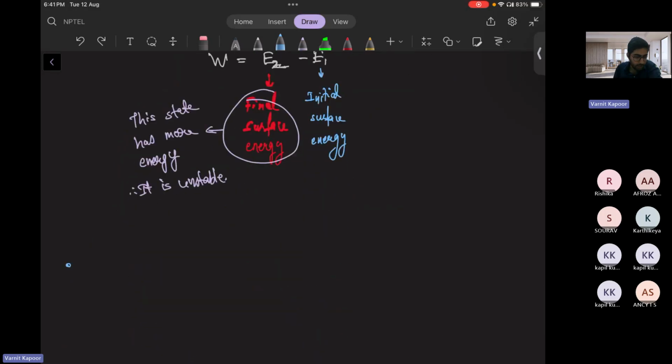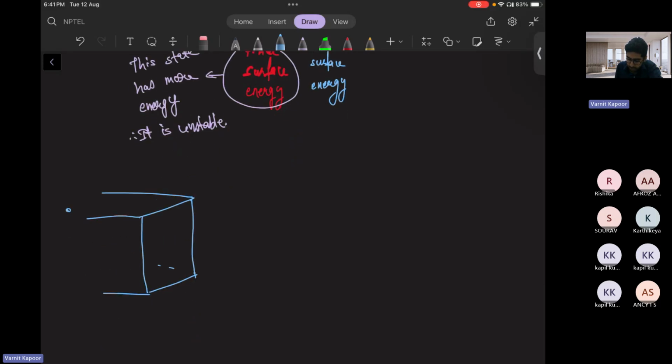Suppose we take a scenario where the thickness of a liquid membrane is given to you. So T is the thickness of the liquid membrane.